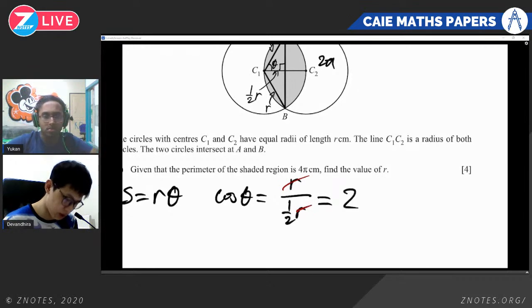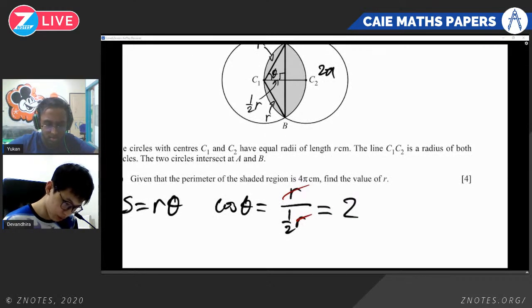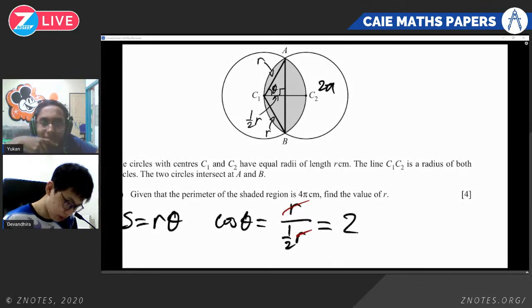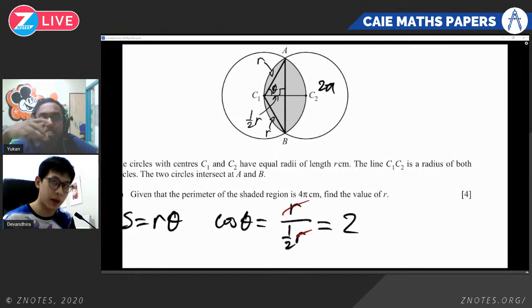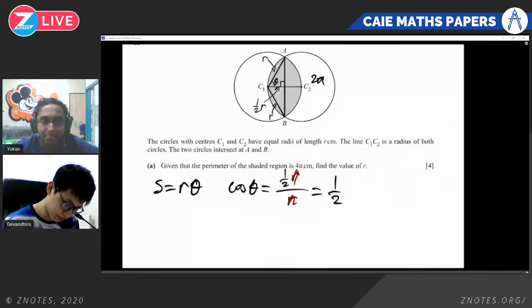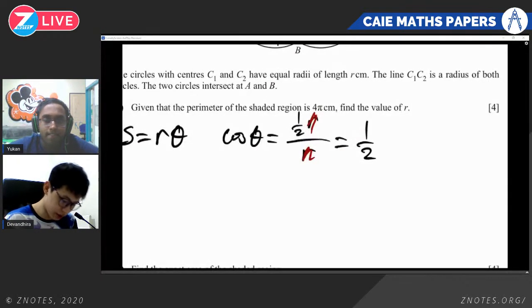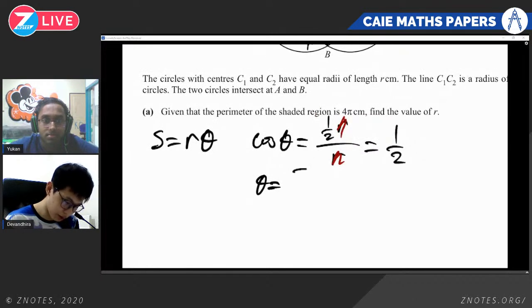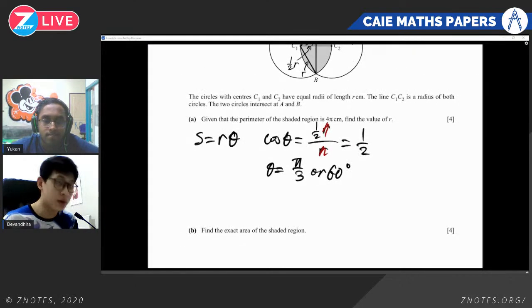Wait, sorry, it should be adjacent over hypotenuse. The r's still cancel, so we get half. Of course, that's just 60 degrees when you do cos inverse. 60 degrees, or pi over 3, up to you. Whatever you choose, it's okay.